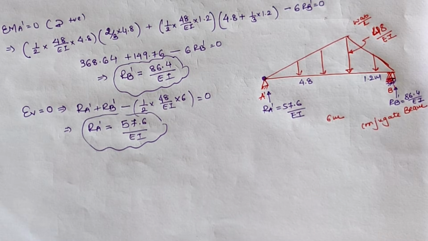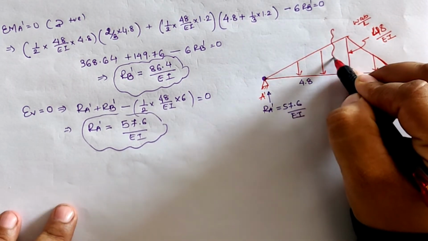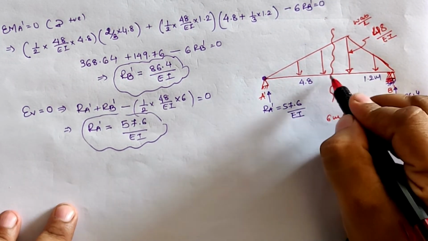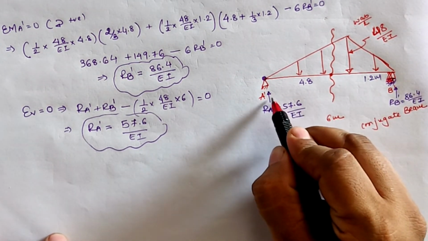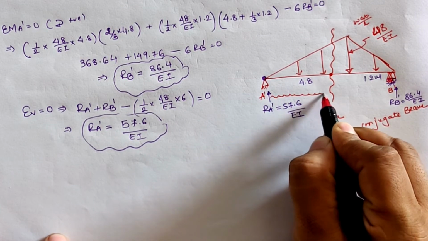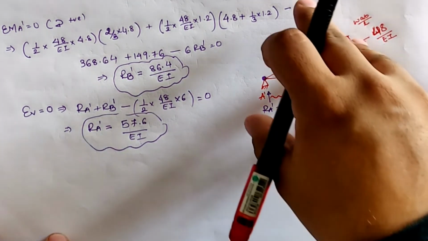Now we have to calculate the maximum deflection location, and we know that where the slope is 0, we will have the maximum deflection. So let us assume that from location A dash to location C dash there is a point where deflection is maximum. If we assume A dash as the origin, then the distance of this section is x meter.